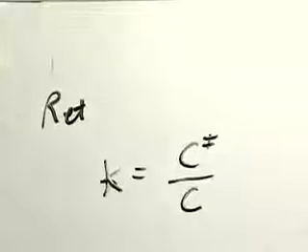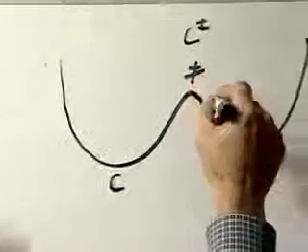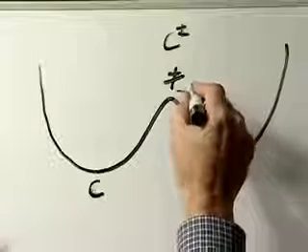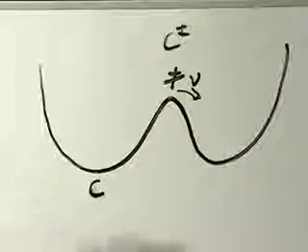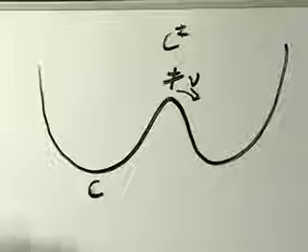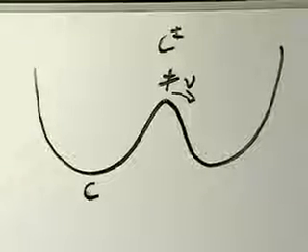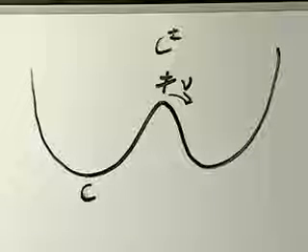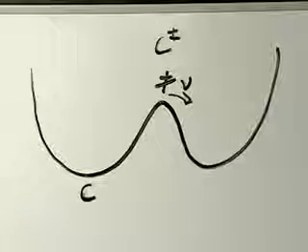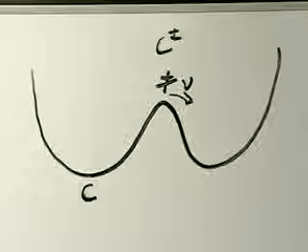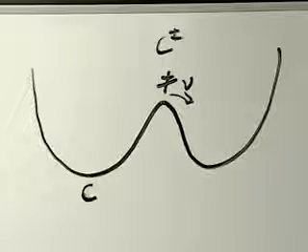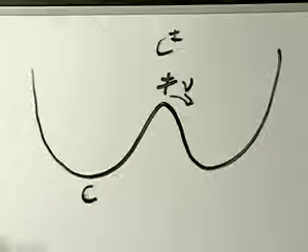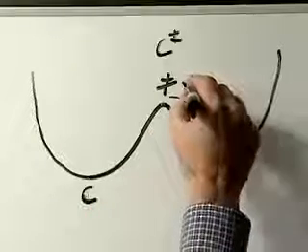And then once I'm up here, the question of whether I go over is going to be defined by some frequency at the top of the barrier. At the top of the barrier, I have the transition state sitting there, and it can either vibrate and go back to reactants, or it can vibrate and go down to products. That's some sort of nuclear frequency that's destroying the transition state, how fast it destroys. So I'll say that's a nuclear frequency, nu n.